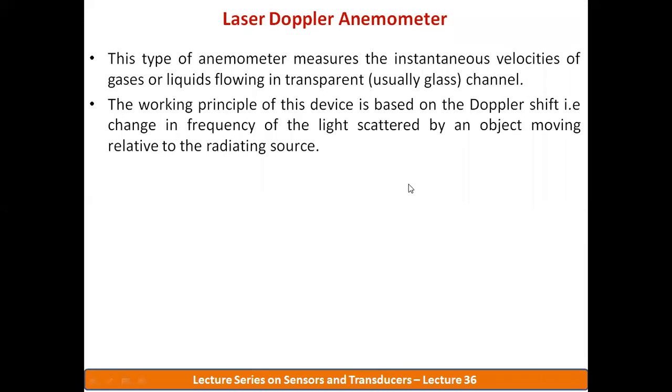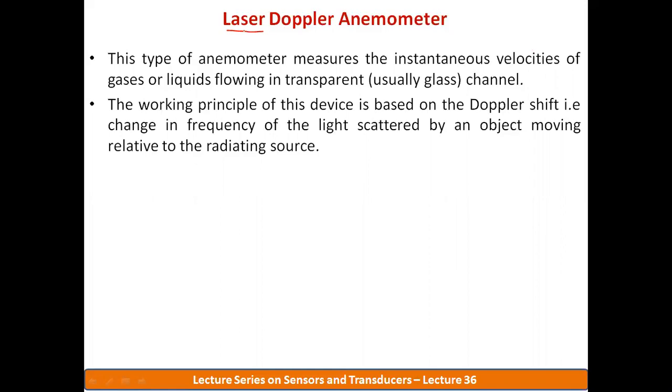The next type of transducer is the laser Doppler anemometer. Here the word laser is there because laser is acting as a source of light.